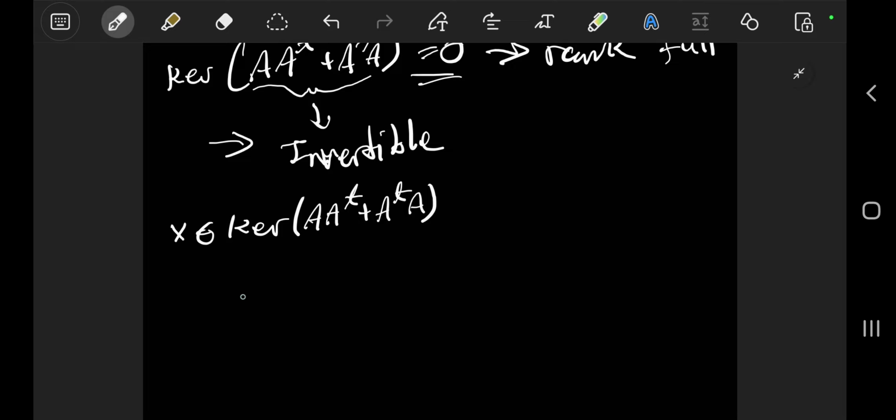So if x is in the kernel, I can say that this must equal 0.